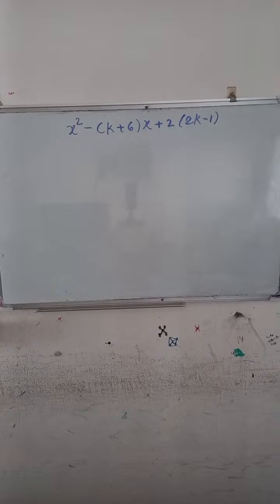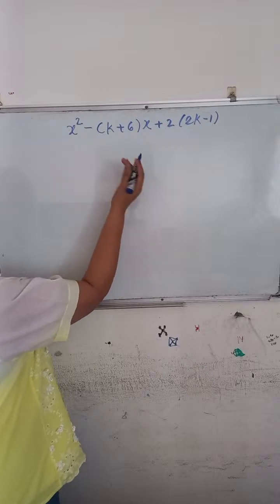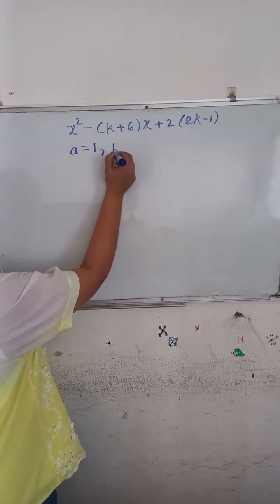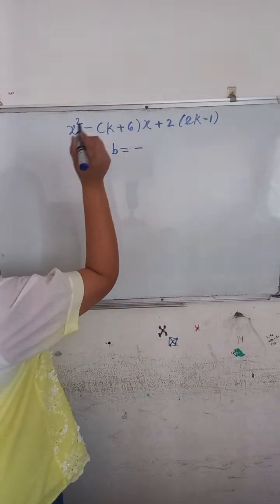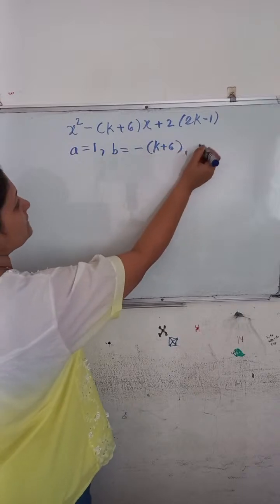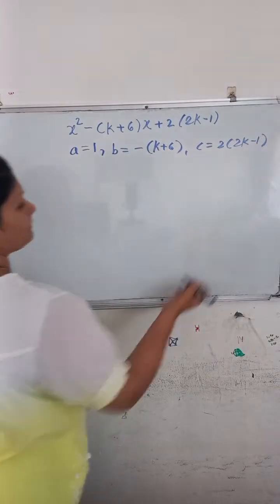Okay, this question is very important. How the condition is given. The condition given is very important here. So first, at least you should be able to find the values of a, b and c. A is the coefficient of x square, b is the coefficient of x, write with the sign minus k plus 6, and c is 2k minus 1.